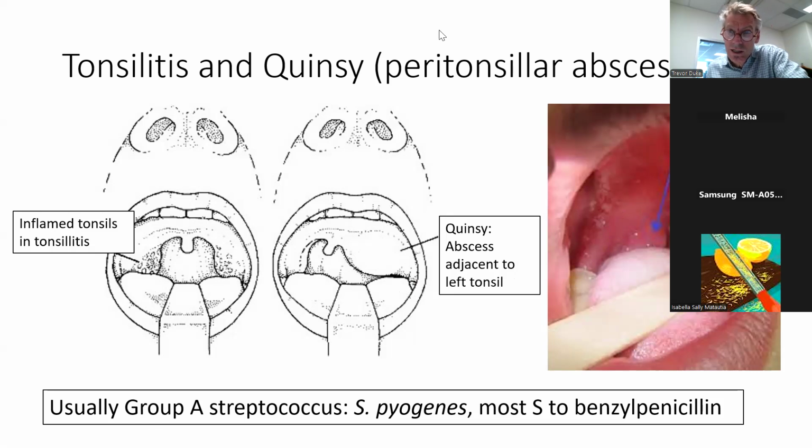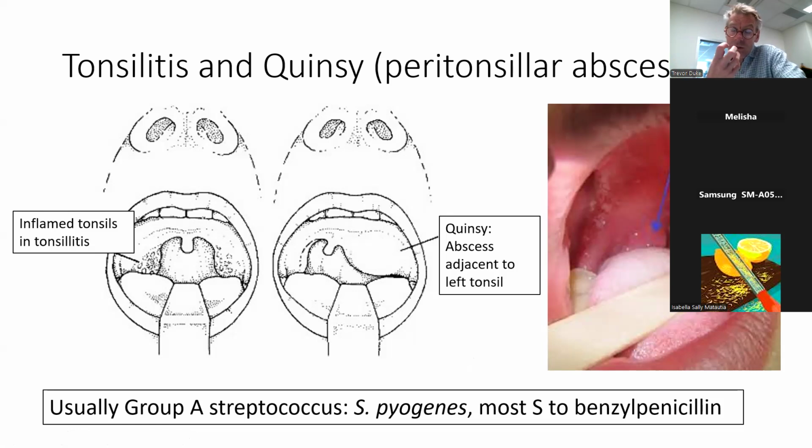This is Quinsy. The Quinsy is mostly due to group A streptococcus, and almost all of them are actually sensitive to benzyl penicillin. But still, sometimes a Quinsy needs surgical drainage by the ENT surgeons as well. So Quinsy, retropharyngeal abscess, epiglottitis, they're all supraglottic causes of airway obstruction.